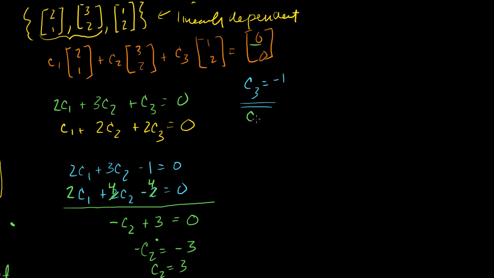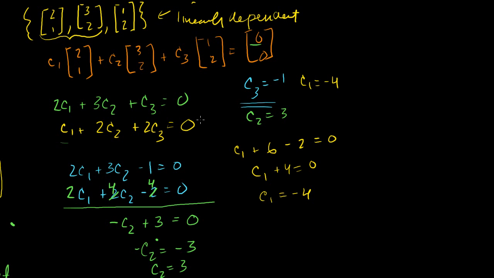So we get c2 is equal to 3. And if c2 is equal to 3 and c3 is equal to -1, let's just substitute here. So we get c1 plus 2 times c2, so plus 6, plus 2 times c3, so -2, is equal to 0. c1 plus 4 is equal to 0. c1 is equal to -4.